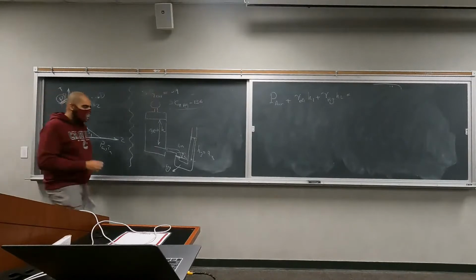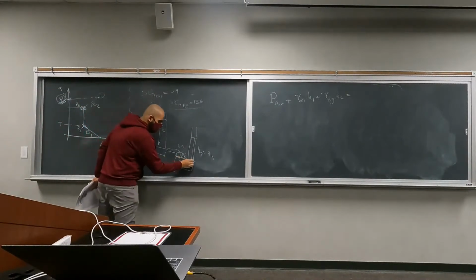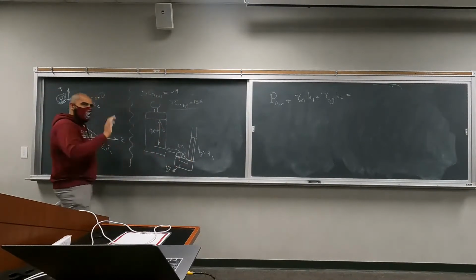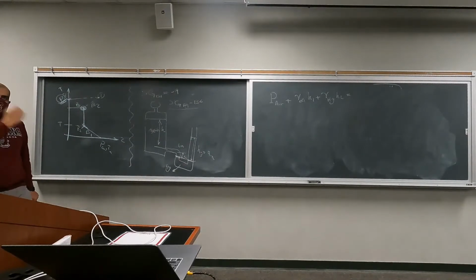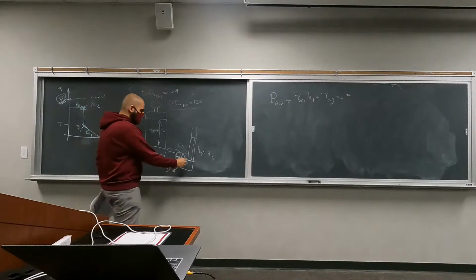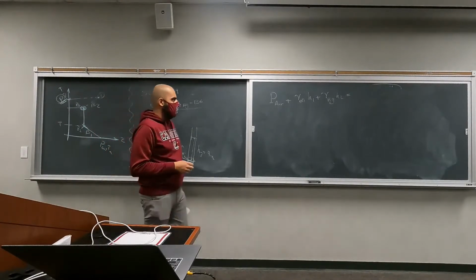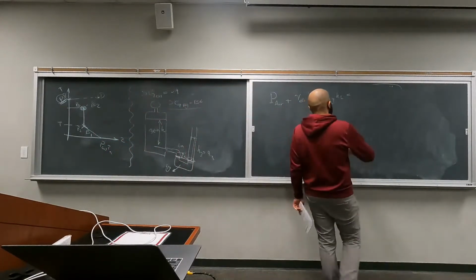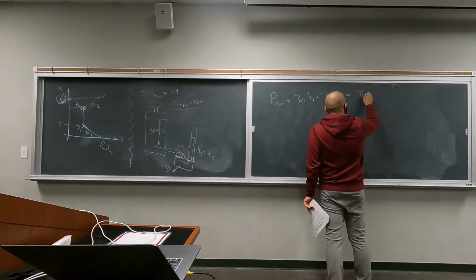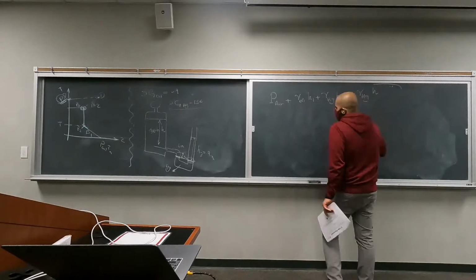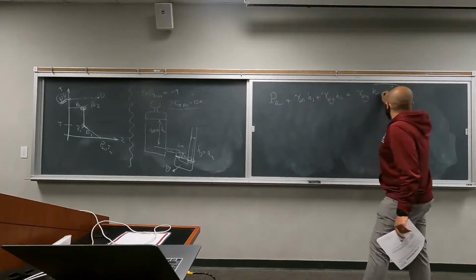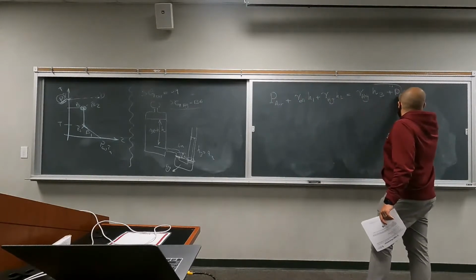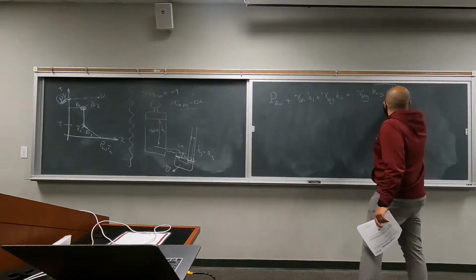And the pressure at this point is equal to the pressure at the other side of the U-tube manometer, which is at the same height. What is the pressure here? It is gamma of Hg multiplied by this height, H3, plus the atmospheric pressure.